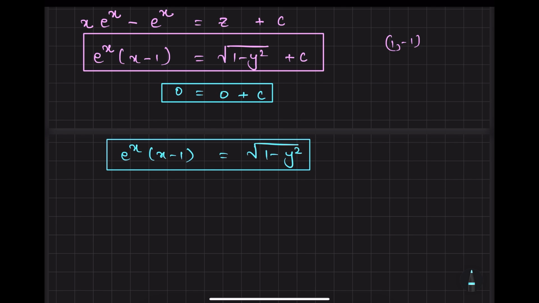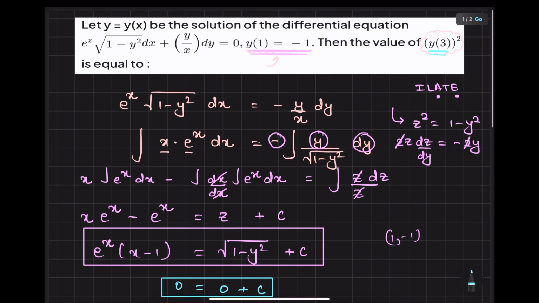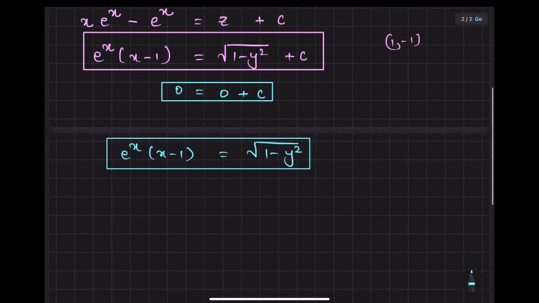Okay. Now what is required means we have to find out the y function, and then we have to respond. So for y, I feel that first you have to do the square. Correct? So look at this. So can I write e power x, means I am squaring both sides, and we have x minus 1 whole square is equal to 1 minus y square.